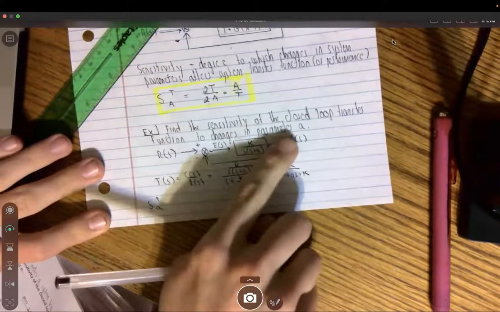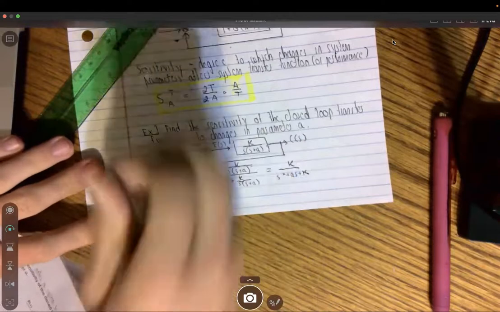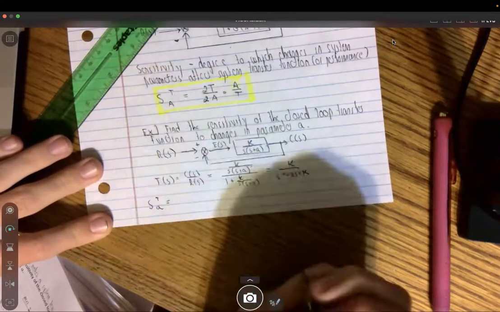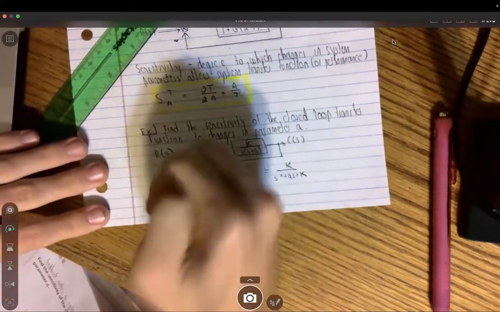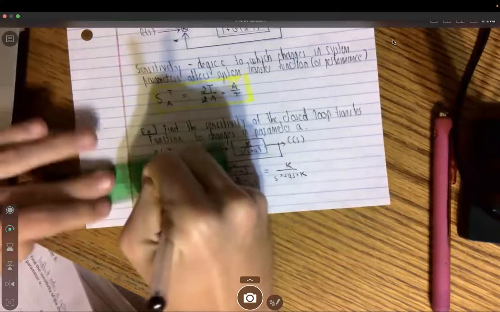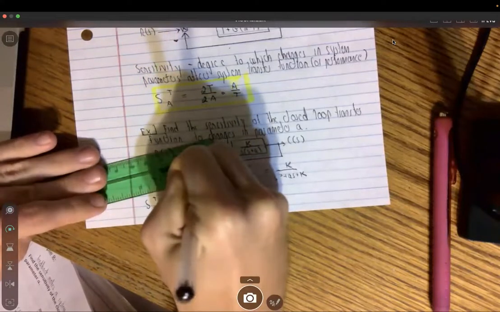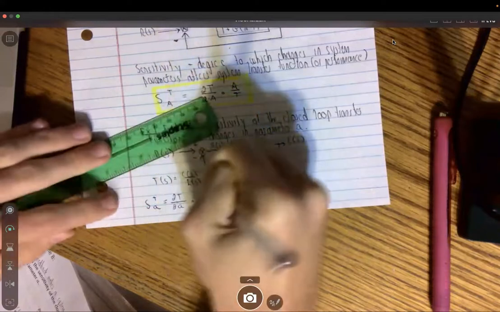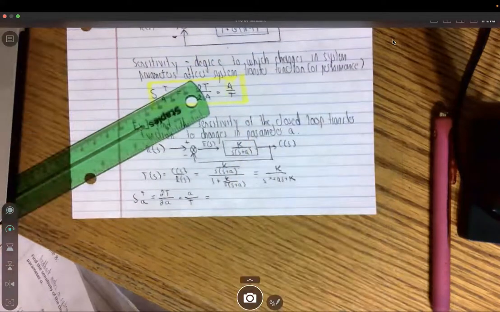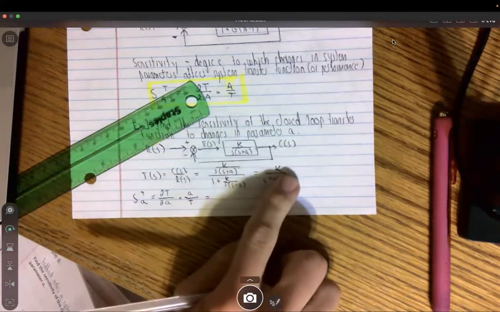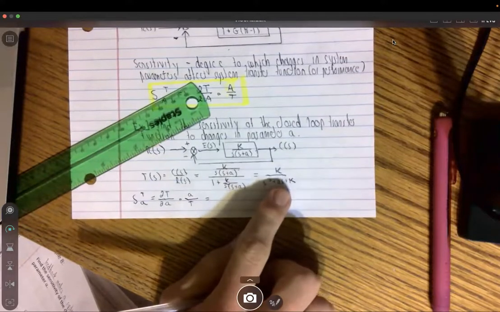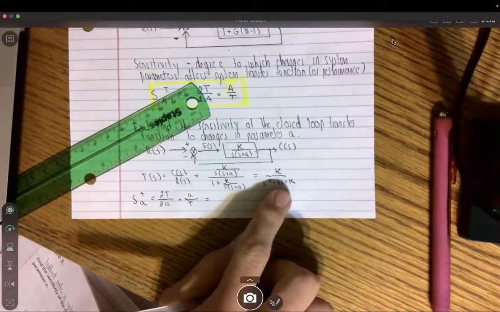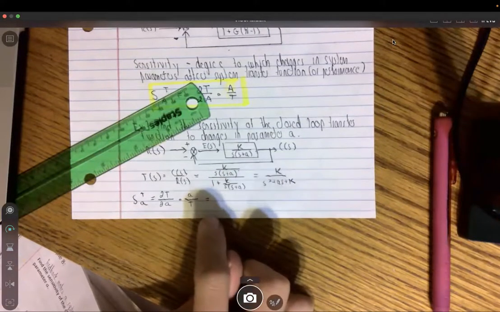And then if we need to find the sensitivity, remember sensitivity of T with respect to A, lowercase a, because that's the parameter that we're looking at to see how sensitive the transfer function is to it. We need to take the partial of T all over the partial of A multiplied by A over the transfer function. So we have to take the partial derivative of our transfer function. Notice that this is a little bit tricky, not bad, but we have to take the partial and then multiply by A over the transfer function.